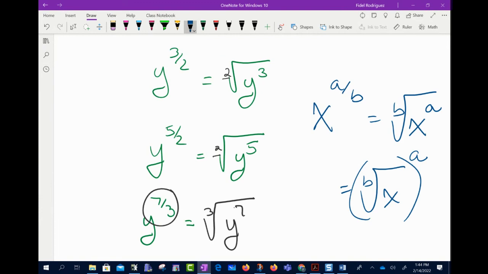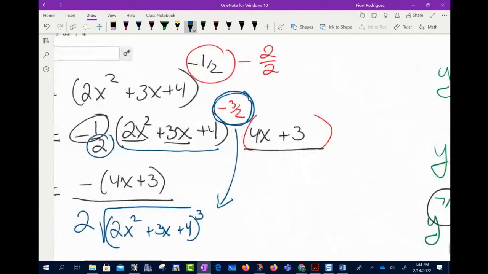Where you put that power, you can either think of everything, so if you were going to do this by evaluating, you could raise it to the power and then take the square root, or you could take the square root and then raise it to the power. You would end up with the same thing, okay? Now, I don't necessarily expect you to have remembered this before today because it's probably a long time since you've ever seen this, but that's what the rule basically tells me.